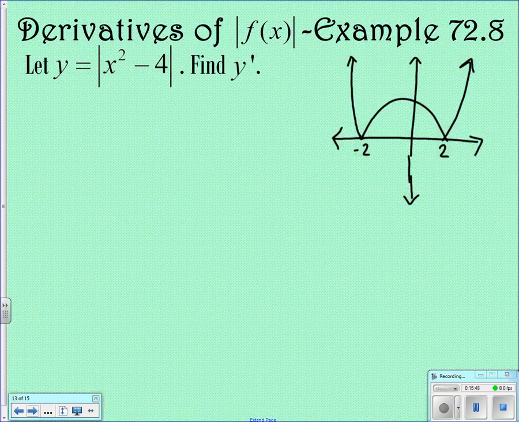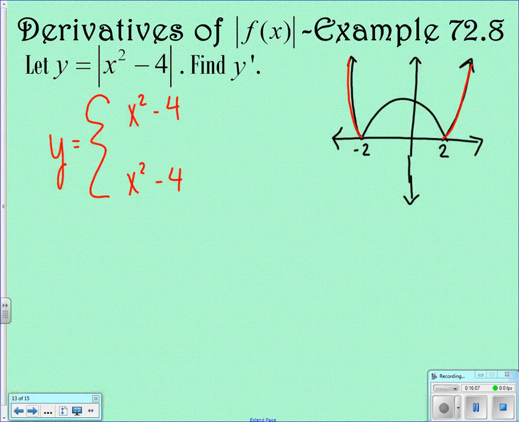So the part that the absolute value did not affect is the part here and here. And so those functions can be written as just x squared minus 4. And that's when x is less than or equal to -2. Well, technically just less than -2.